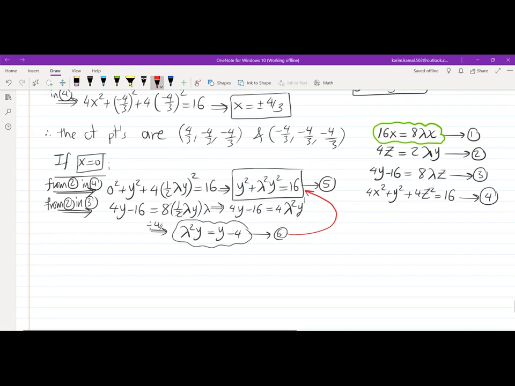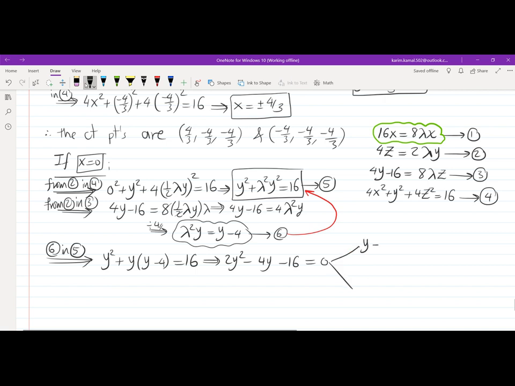And then from 6 in equation number 5 فيبقى عندك y squared plus y times y minus 4 equals to 16. after simplification هوصل لايه؟ هوصل ان يبقى عندك 2y squared minus 4y minus 16 equal to 0. after solving this equation هيبقى عندنا ال y equal 4 or y equals to negative 2.